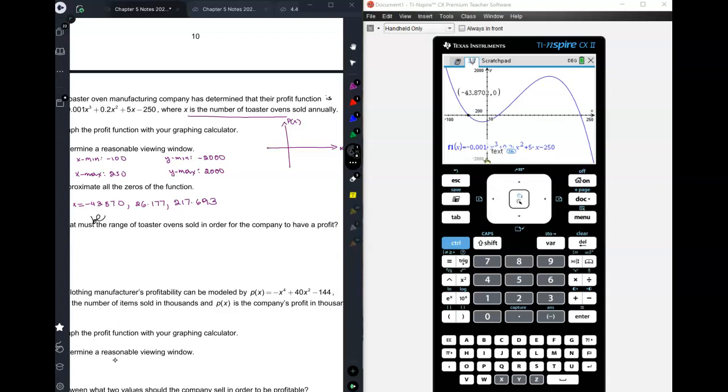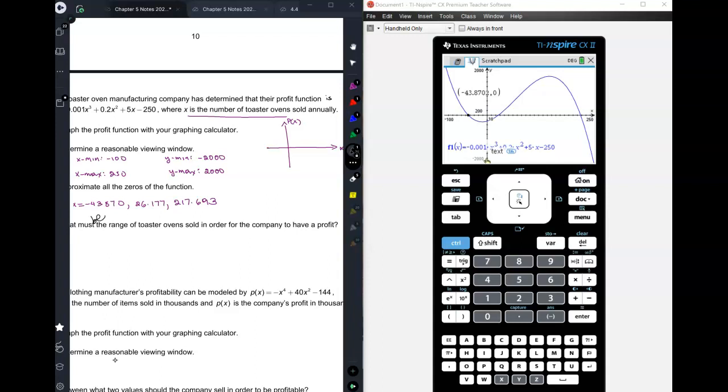Anything above that, you have positive profit. So how many toaster ovens should be sold in order to get profit? Something between the second zero, like 26.17, and this one. Now, we're not going to sell 26.17 toaster ovens, but we have to break that mark in order to start making a profit.